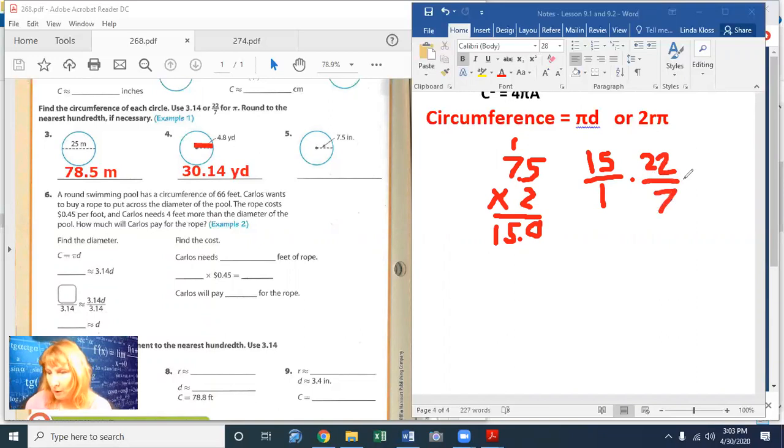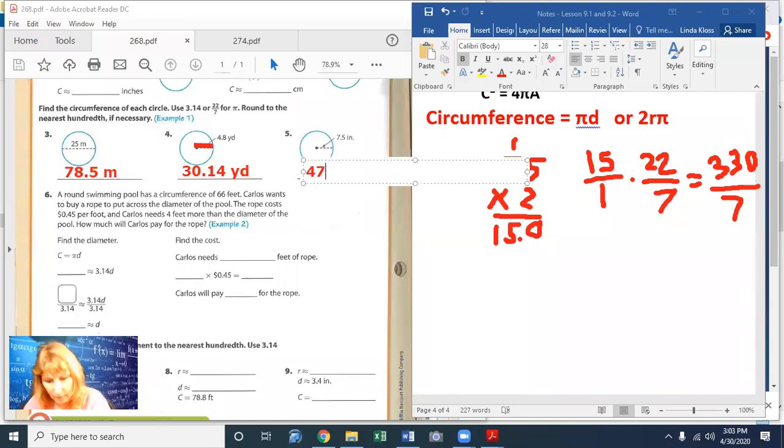So I'm going to be multiplying on top. 22 times 15, which is going to give me 330 on top. And on the bottom, I'm going to get 7. And then I have to divide 330 divided by 7. I will get 47.142857.